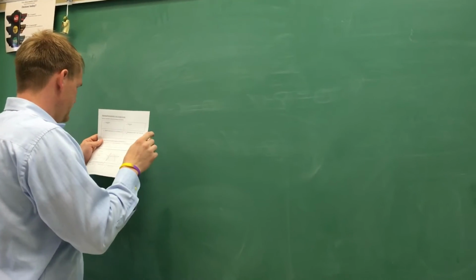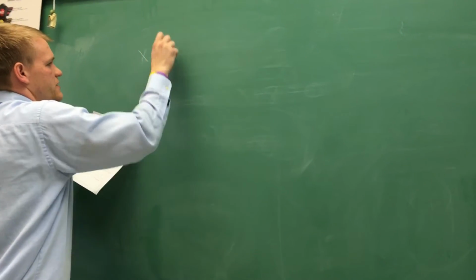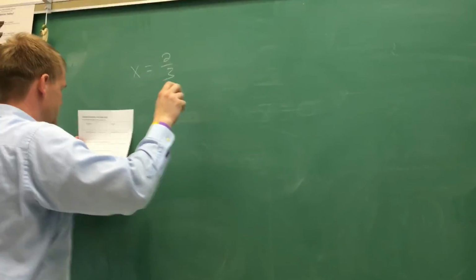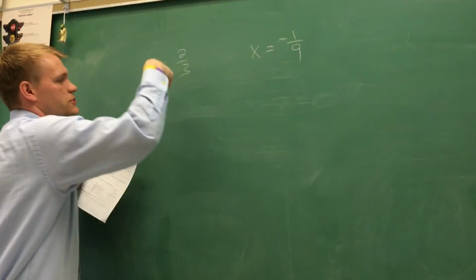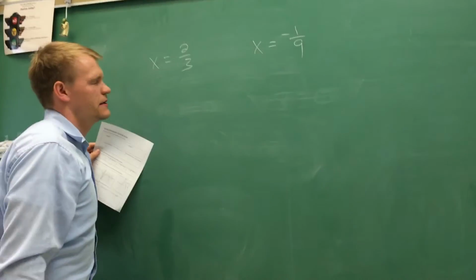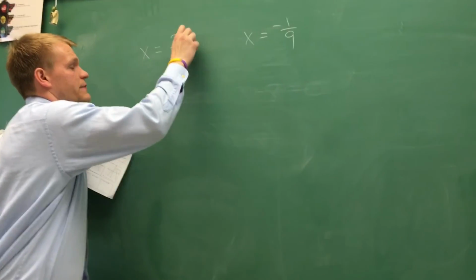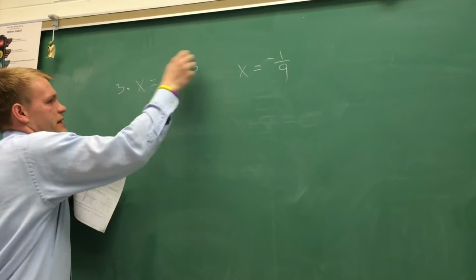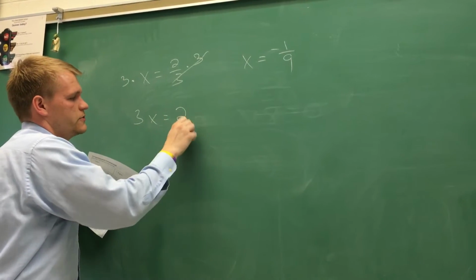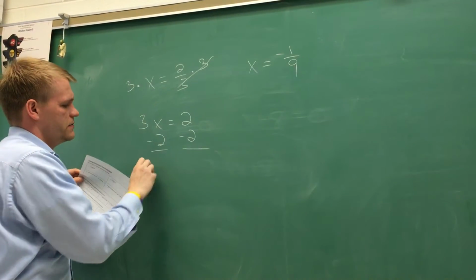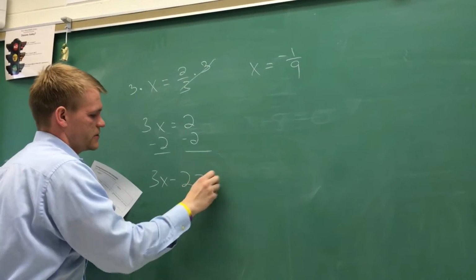Let's do number 12. It says that my zeros are 2/3 and -1/9. So just to put this guy in, so that you know what the factor is, you would multiply by 3. Multiply by 3, that would cancel this, so then you have 3x equals 2, and you want to bring the 2 over, so you subtract 2 and subtract 2, and then you get 3x minus 2 equal to 0.